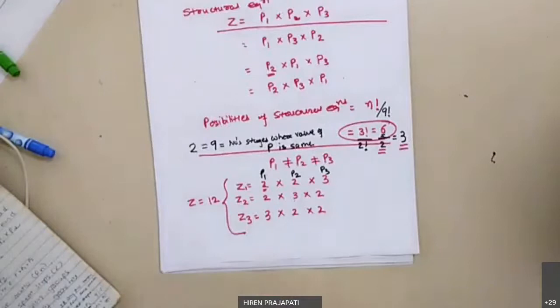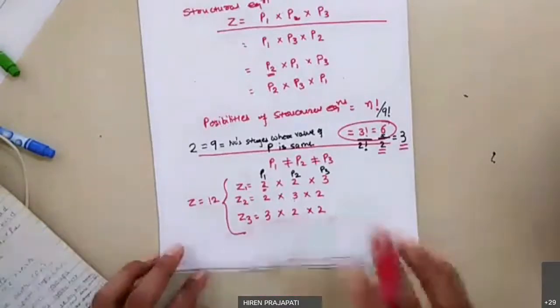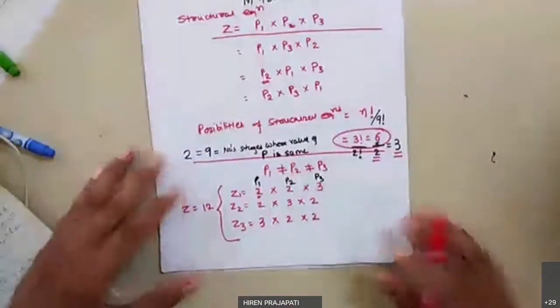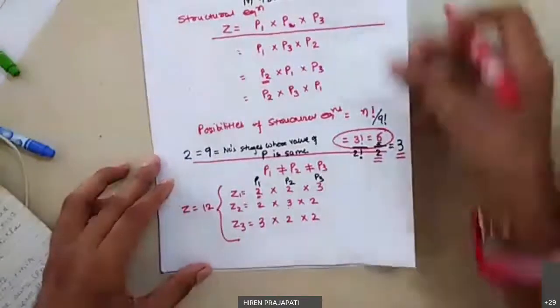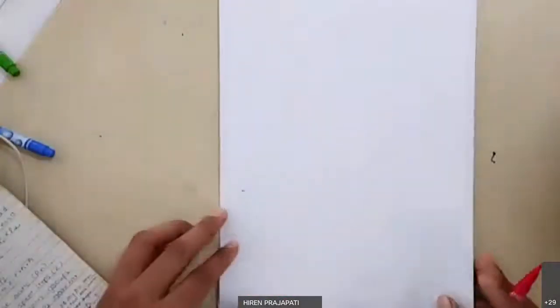So this is partial information actually. This is not a complete structural equation. Now we introduce another parameter which gives us the complete structure equation. That is called the group characteristics number.